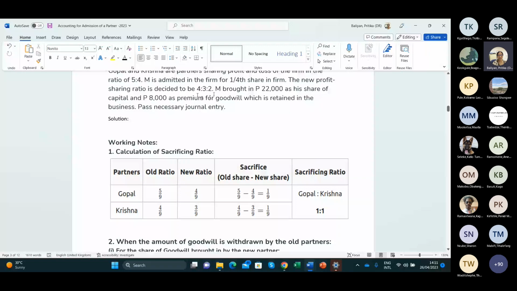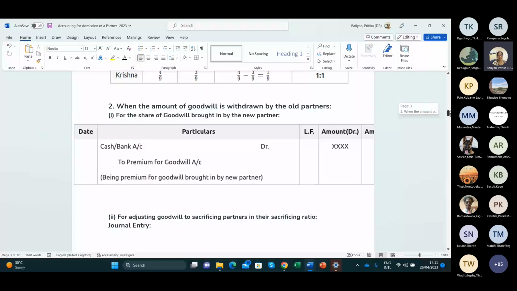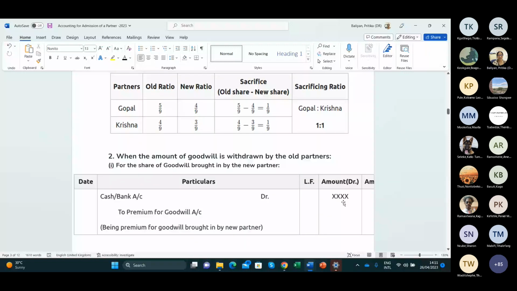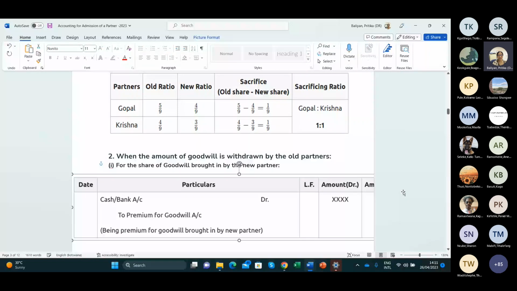So the first partner's proportion is 4/9, second 3/9, and the third one 2/9. So that is their new ratio. We subtract and see how much they sacrifice. They are sacrificing a 1/9 portion. So that much proportion of the goodwill goes to the old partner. The cash account premium, and then we record how much goes to the old partner.